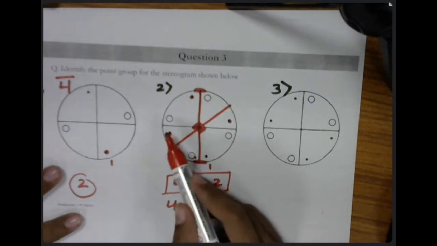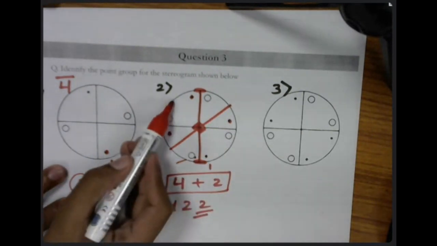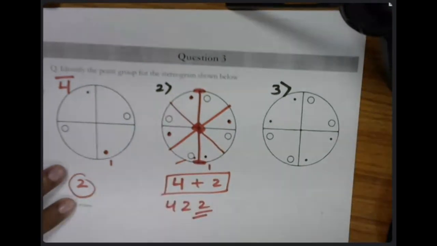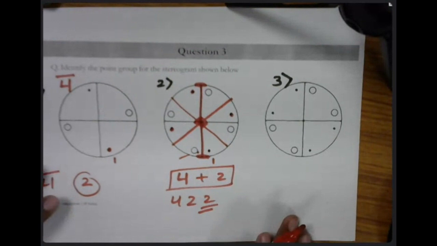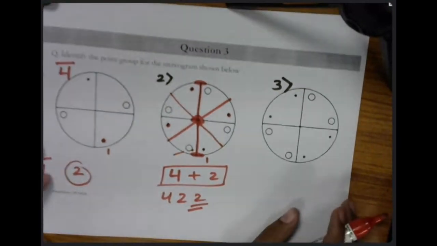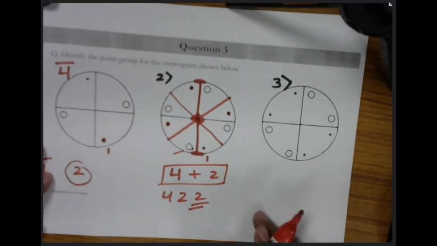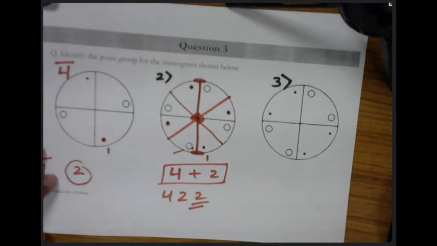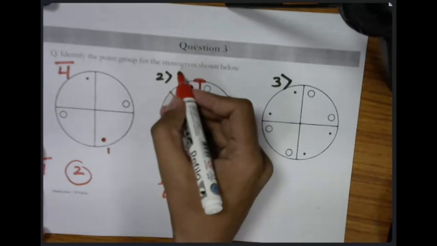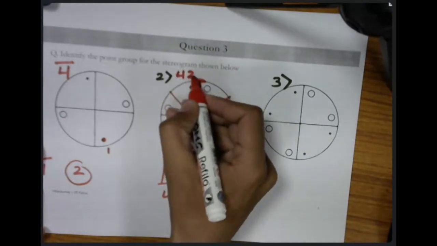These are also the twofolds, right? So with that we have got this. Now let's go to question number 3. So question number 2 has the point group of 4 2.